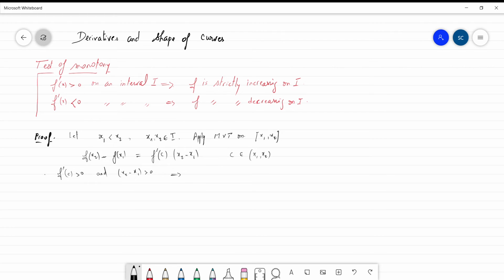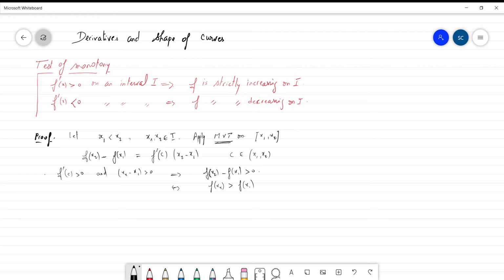Then necessarily f(x2) minus f(x1) is positive, which is equivalent to saying that f(x2) is greater than f(x1). You see, we started from x1 less than x2 and we showed that f(x1) is less than f(x2). So our function f is strictly increasing. The key point for proving this result is the mean value theorem.